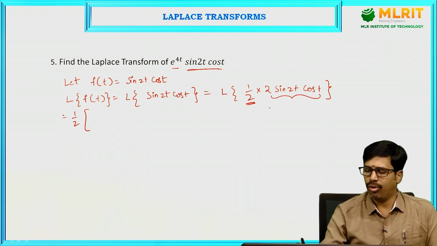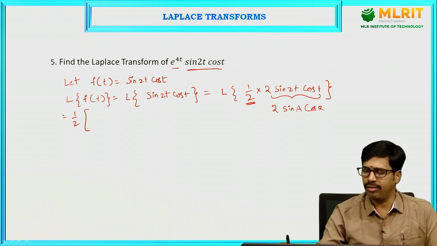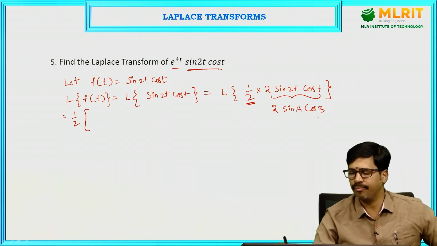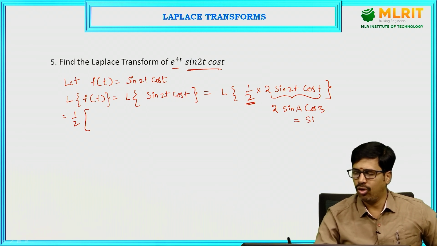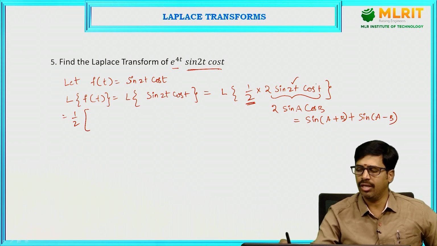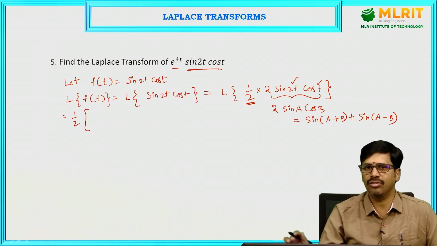This is in the form of 2 sin a cos b. 2 sin a cos b can be written as sin of a plus b plus sine of a minus b. Here a means 2t and b means t, just replace in this formula.